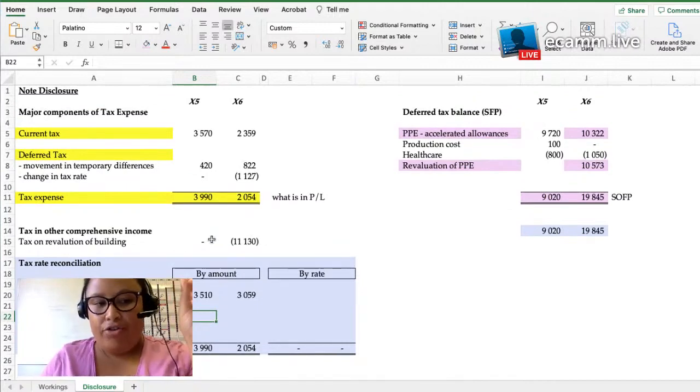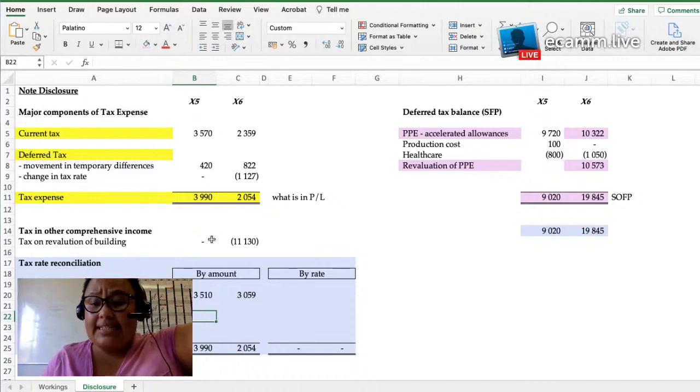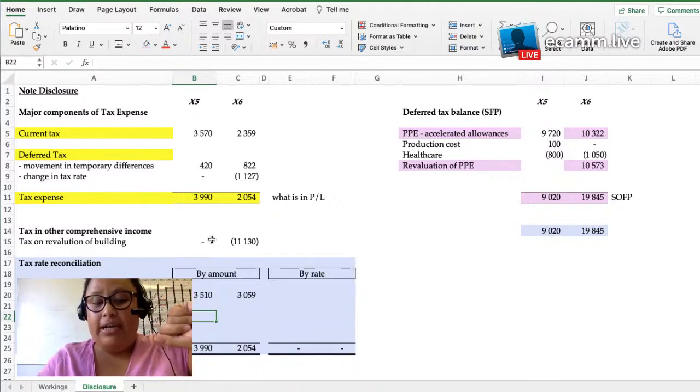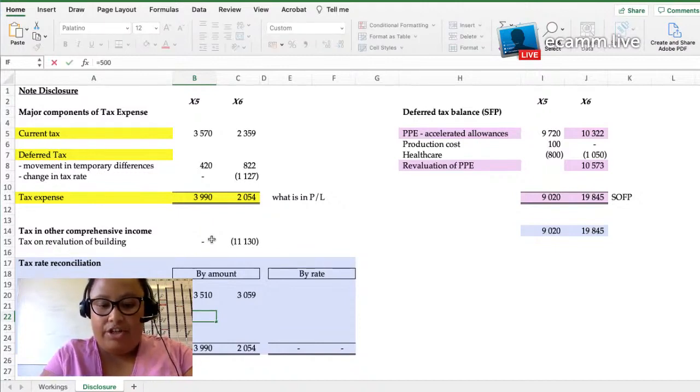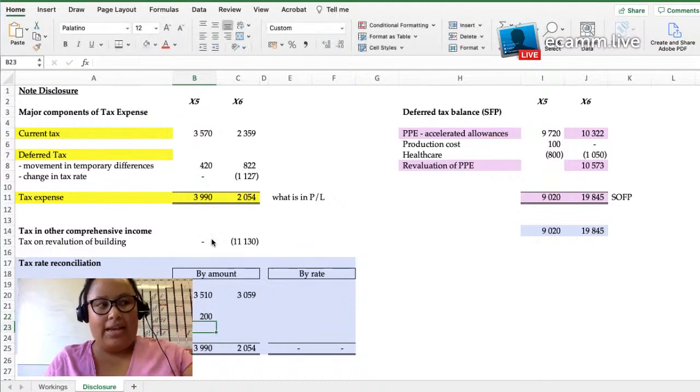So that 500 Rand is sitting as an expense in my accounting profit, but it's not sitting as a deduction in current tax. So we need to add that back because that wasn't a deduction given to us. It's going to be the 500 donation times the tax rate, which is 40%. So we're going to add back 200.